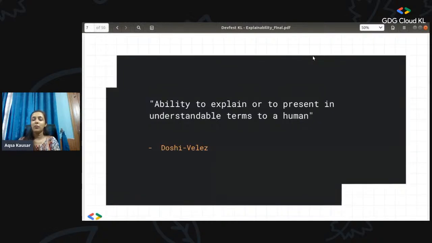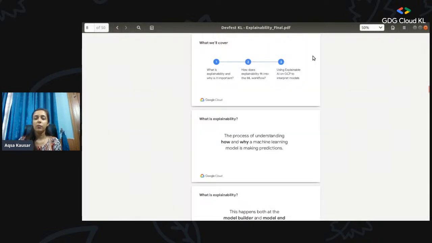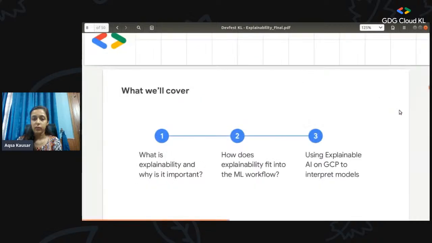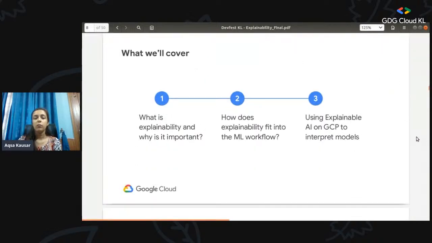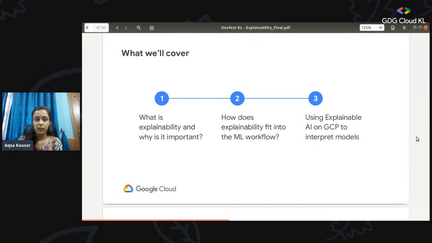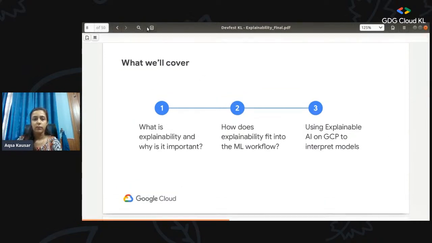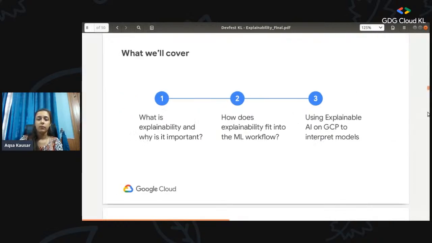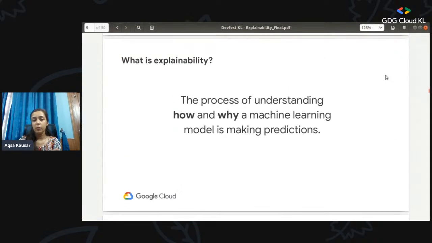Explainability has been expressed as the ability to explain or to present in understandable terms to a human. In simpler words, it is the process of understanding how and why a machine learning model is making the predictions that it's making.